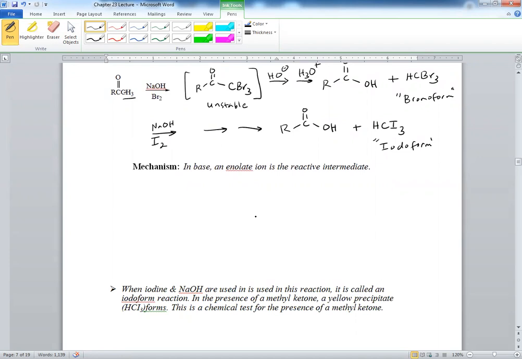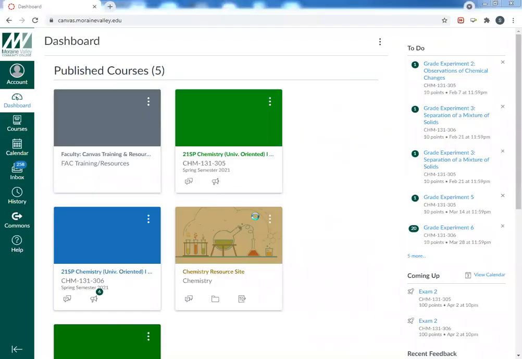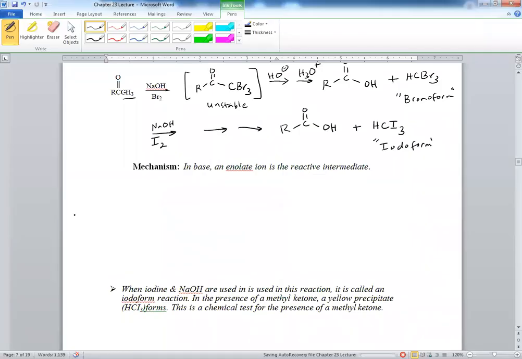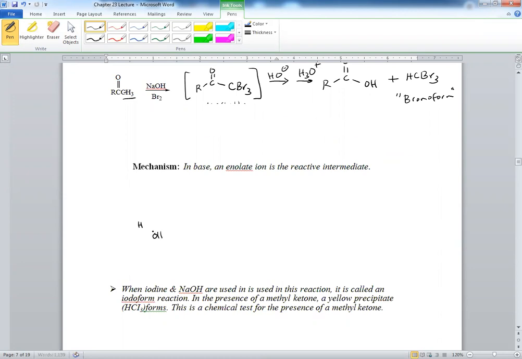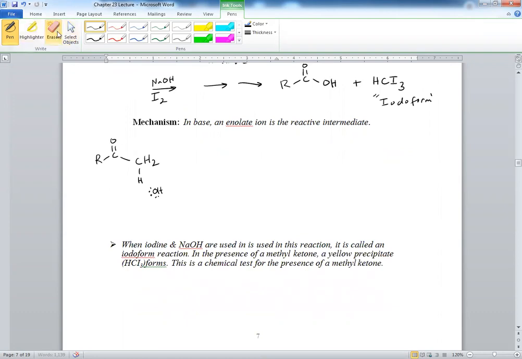I'm going to take a shortcut when we do the mechanism, simply because we have other mechanisms to worry about. So the mechanism involves the enolate, and that's the key part here. The enolate is the key part. Again, it's a big mistake if you use the enol in the basic conditions. Remember, the enolate is what you use for basic conditions. Let me just redraw this.